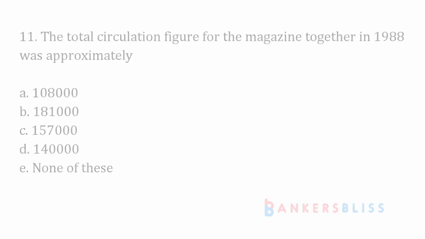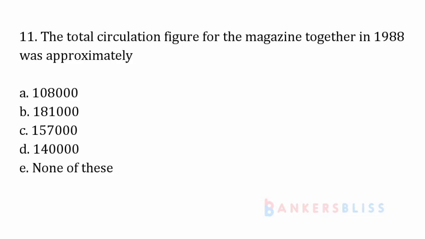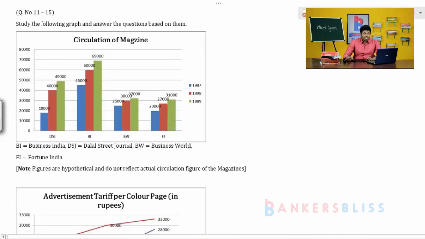Now, the total circulation figure for the magazines together in 1988 was, so for 1988 together we have to calculate the total circulation, which means we have to go for the bar chart. 1988 means maroon color you have to consider.